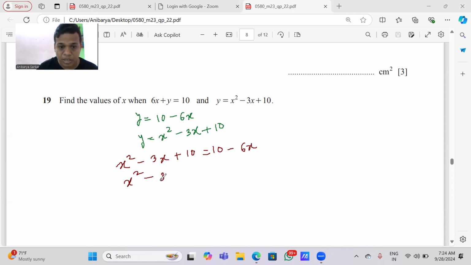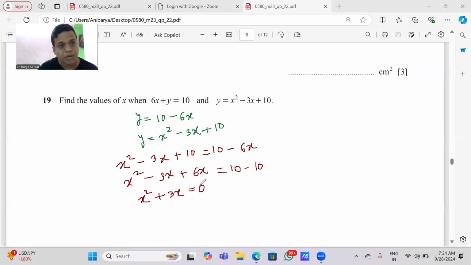So minus 3x, the variable on the left side, minus means plus 6x, and the number on the right side: plus 10 moves to that side, so it is minus 10. x squared minus 3x plus 6x, that is plus 3x, equal to 0.